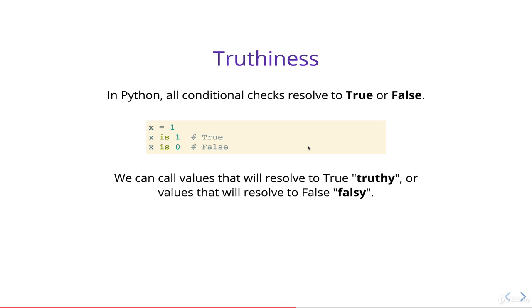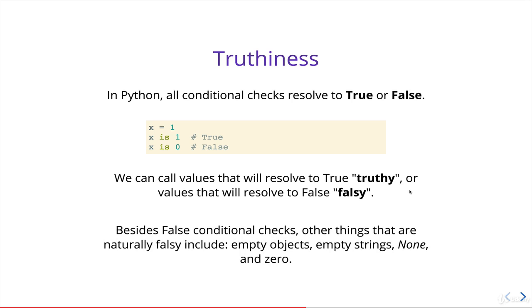That's pretty straightforward, but really what this video is about is that single individual values, not full expressions like this, do have an inherent truthiness or falsiness. I feel like I'm talking about politicians or something. Here's a couple of examples.